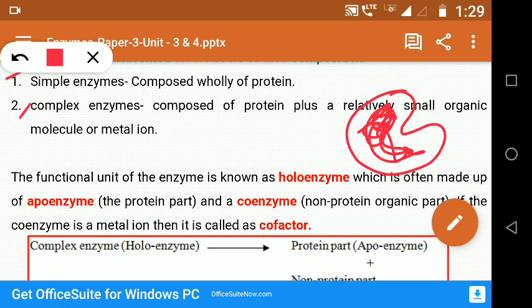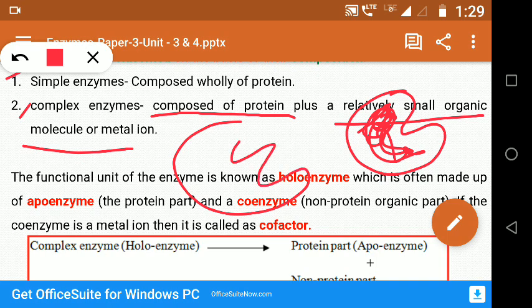The second one is complex enzymes. Complex means they have the simple part as well as some other part. So it is composed of protein plus relatively small organic molecules or metal ions. In most of the cases, the enzyme will be like this.